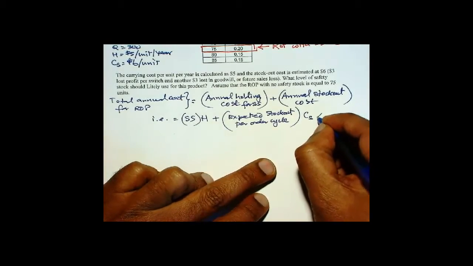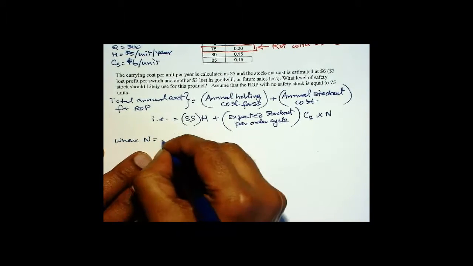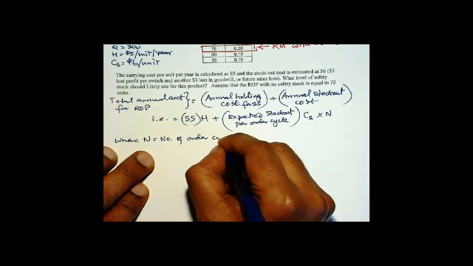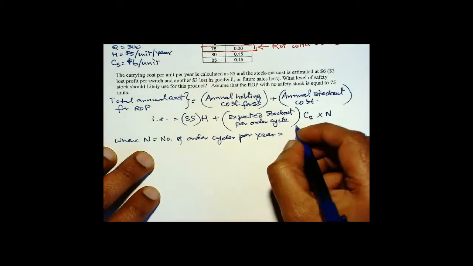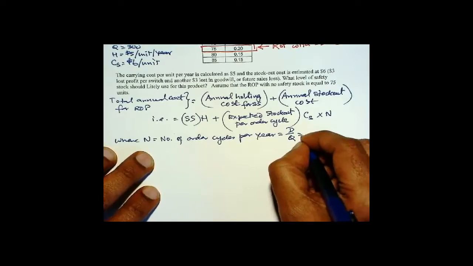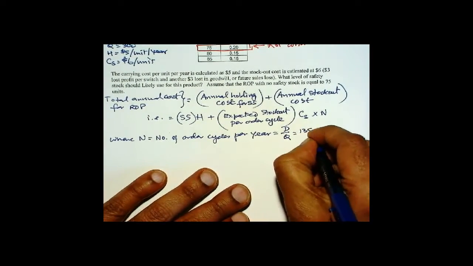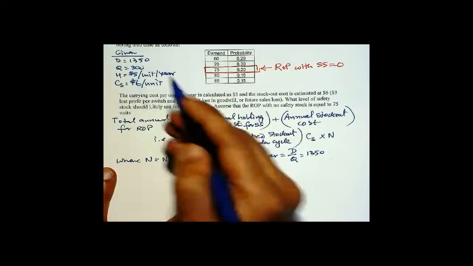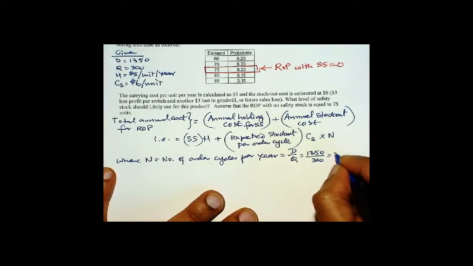Now we have to multiply that with N, where N is the number of order cycles per year, and that is equal to D over Q. For our problem, D is 1350 divided by 300, which is 4.5.